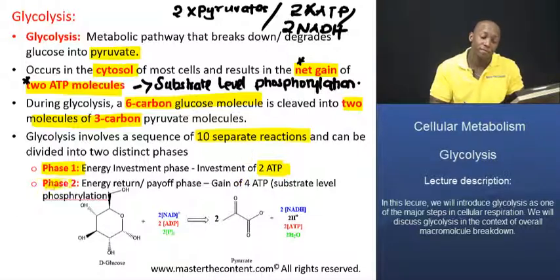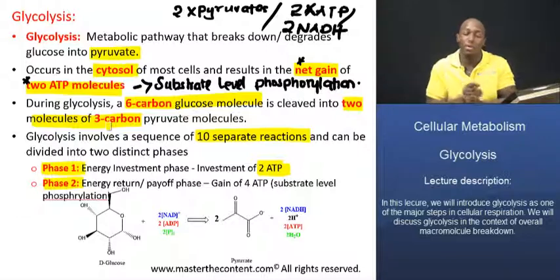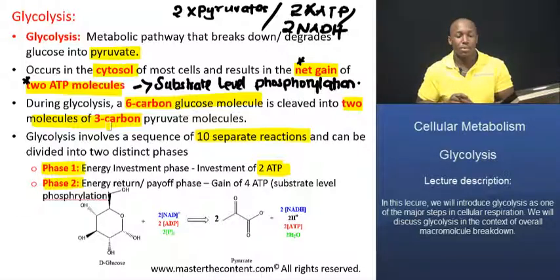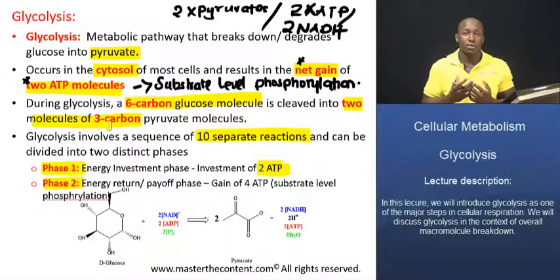Now the second phase, we can call it the energy return or payoff phase, is when we actually gain an additional 4 ATP molecules. So that's why we're talking about a net gain of 2 ATP. The process of glycolysis will use 2, but give you back 4. So you have a net gain of 2 ATP molecules.